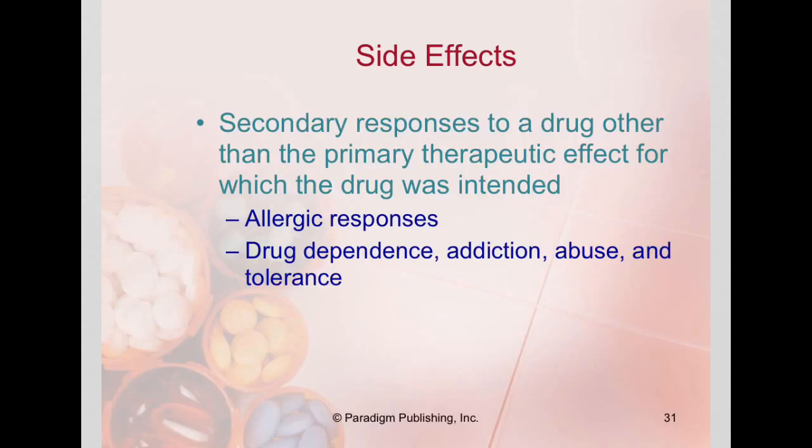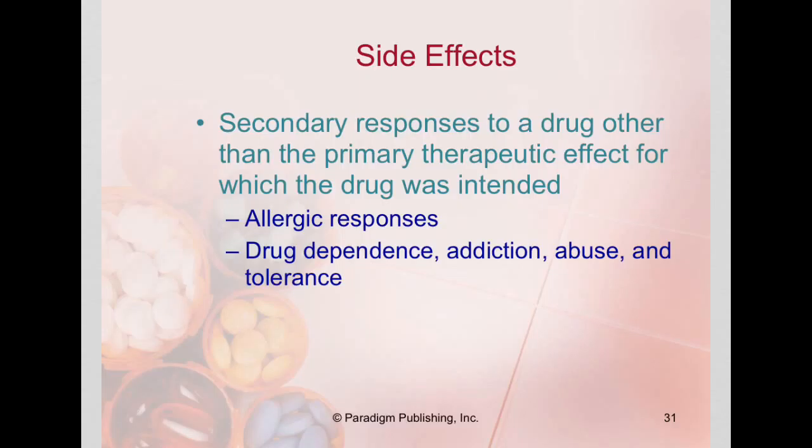Without that drug, they can't function as well, but it's not really an addiction. They're really different. So make sure you read on page 33 about the difference between dependence and addiction. There is a difference.